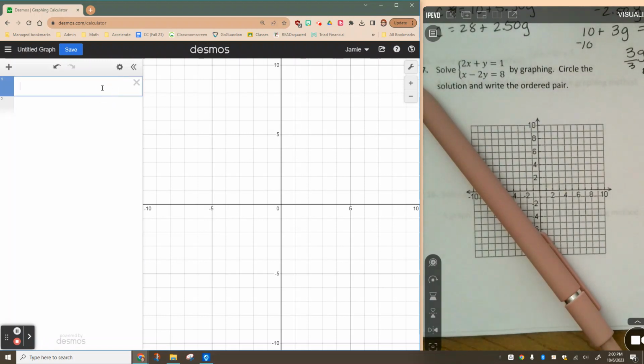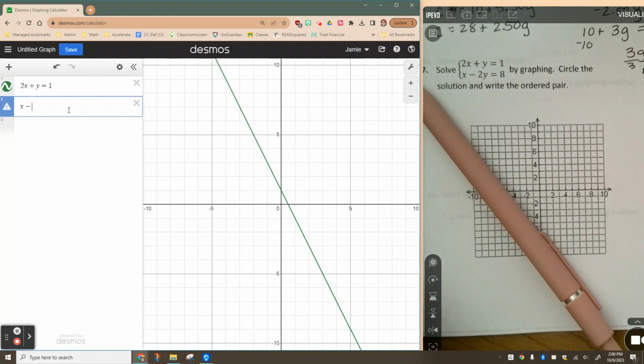So let's go ahead and we have 2x plus y equals 1. And then we have x minus 2y equals 8. So we have these graphed, and our solution is at 2, -3.